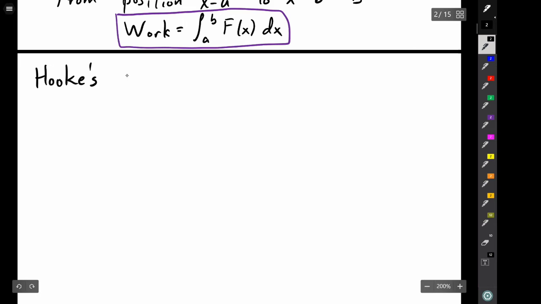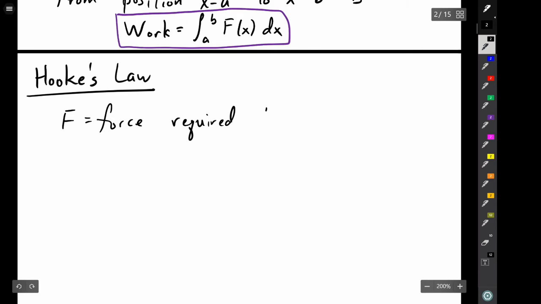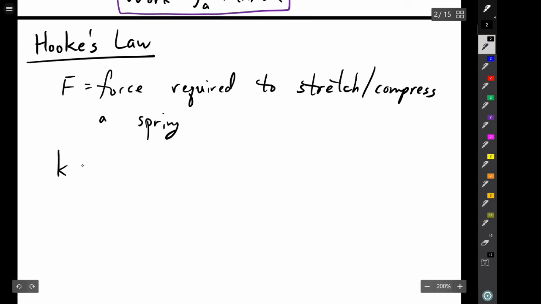So Hooke's law, right? So here, we say F is the force required to stretch or compress a spring. K is going to be the spring constant.